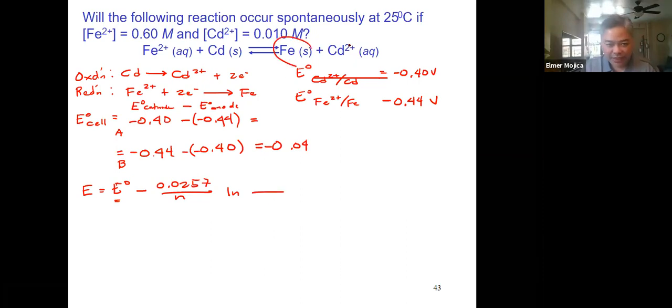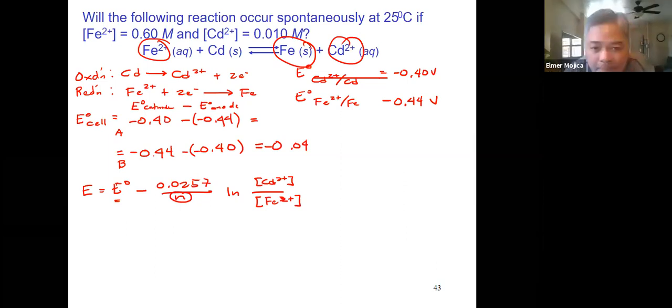Based on this one, you have between the two, cadmium 2 plus, because that's the one in the product. And the one in the reactant is Fe2 plus. And what is N? Anyone? What do you think N is equals to?